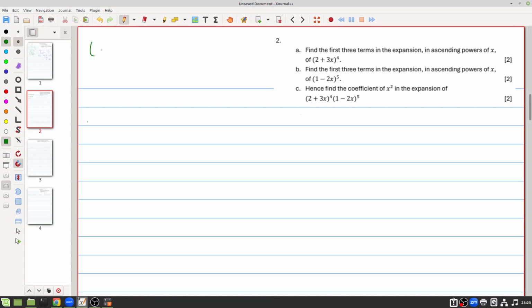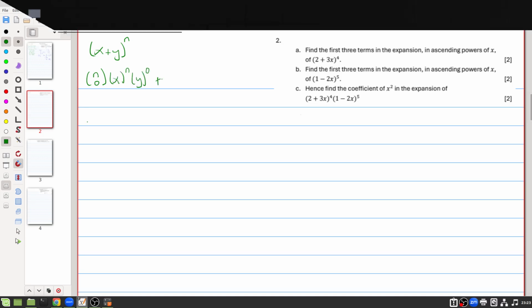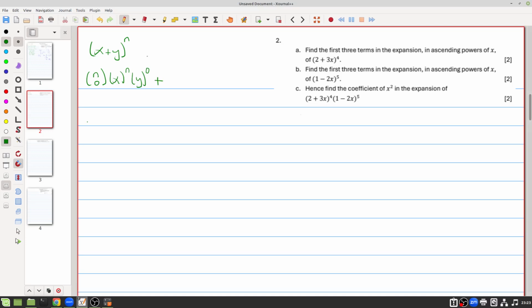If we have x plus y to the power n, then our first term is going to be n choose 0, first term to the power n, second term to the power 0, plus the second term in our expansion is going to be n choose 1, first term to the power n minus 1, second term to the power 1, and we keep going like that.